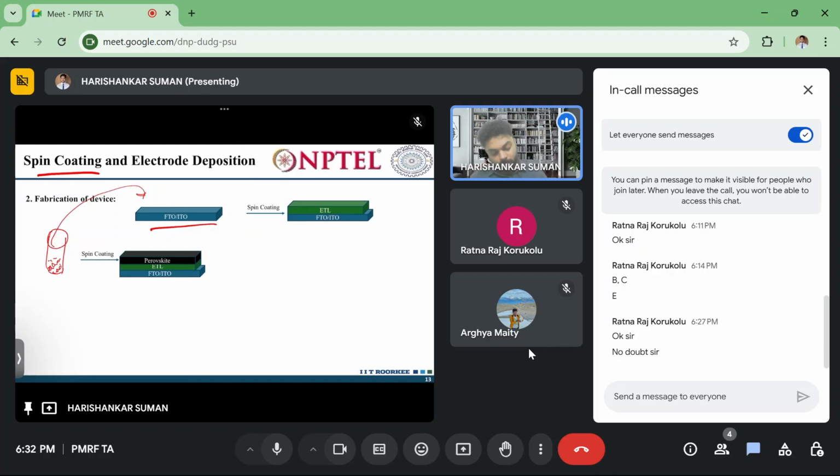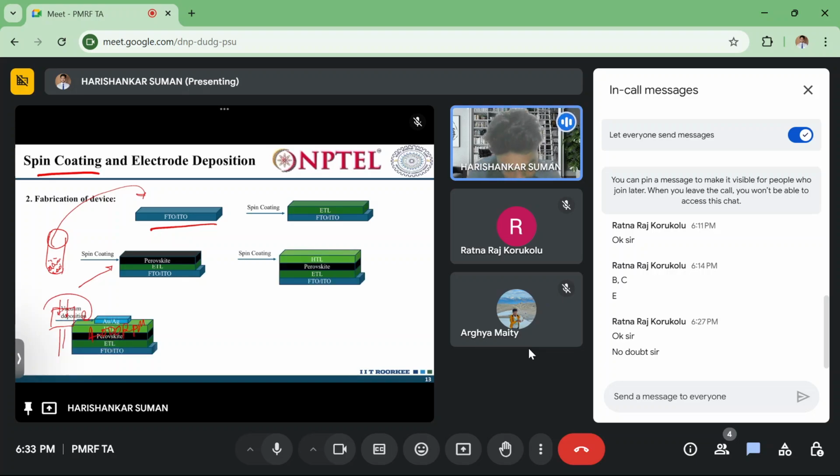Spin coat means we have a substrate like that and a motor that rotates at 3000 to 4000 rpm. While spinning, the solution is dripped and spreads into a thin film, also the perovskite, then the transport layer.